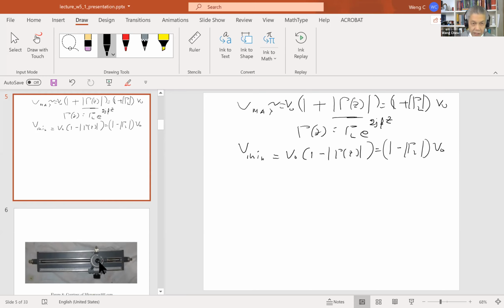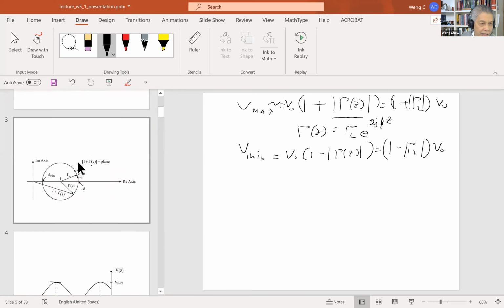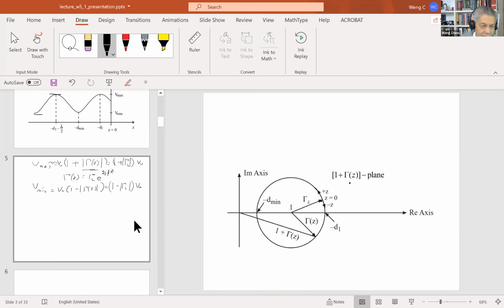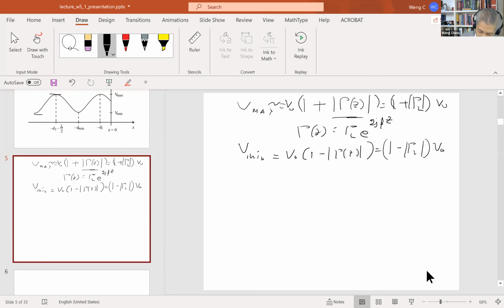So by looking at how it goes around in a circle, you can figure out when it will assume a maximum, that's when gamma Z is pointing in this direction. When gamma Z is pointing in the other direction, you get the minimum values. And then the voltage standing wave ratio is Vmax over V min.